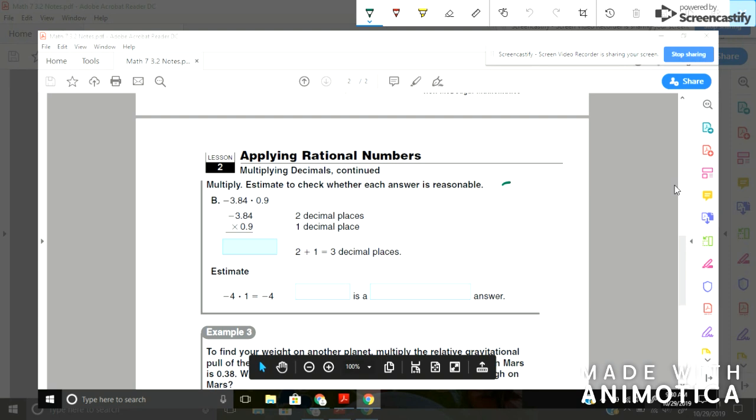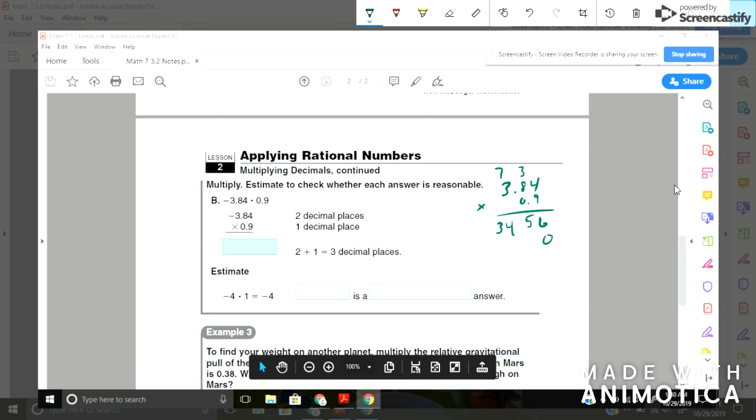So I have 3.84 times 0.9, lining up my digits. 36, carry my 3. 72, 73, 74, 75, carry my 7. 27 plus 7, 28, 30, 31, 32, 33, 34. Placeholder.